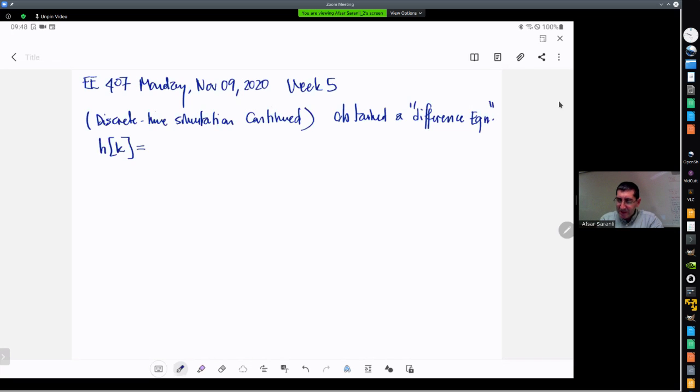So we can express hk in terms of hk minus 1 plus this was our time interval. We can call this the sampling period, basically, minus the square root of hk minus 1. Remember that we have taken our parameters to result in a very simple equation.